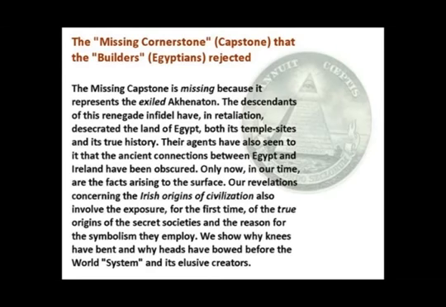Only now, in our time, are the facts arising to the surface. Our revelations concerning the Irish origins of civilization also involve the exposure, for the first time, of the true origins of the secret societies and the reason for the symbolism they employ. We show why knees have bent and why heads have bowed before the world system and its elusive creators.